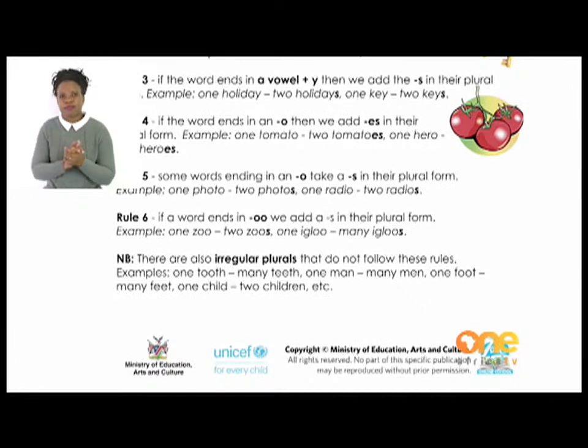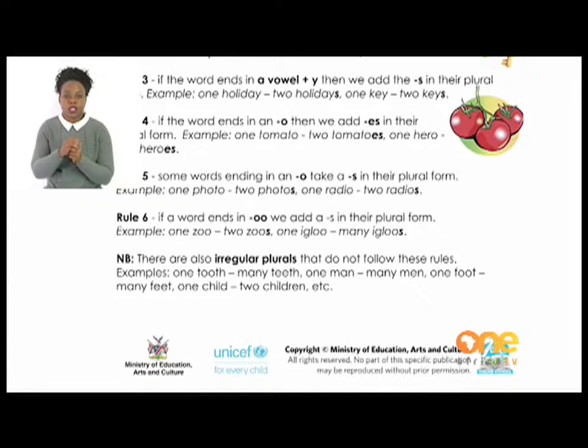Rule number 6. If a word ends in double O, we add an S in their plural form.